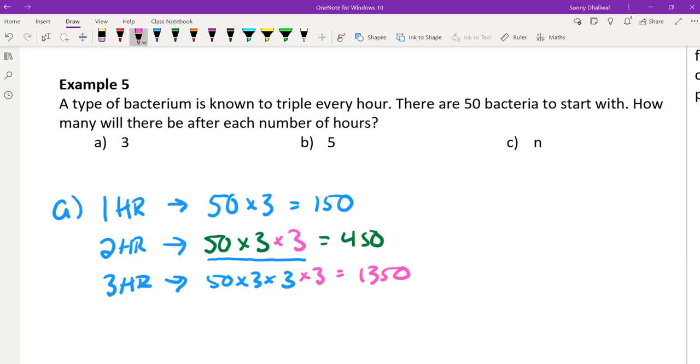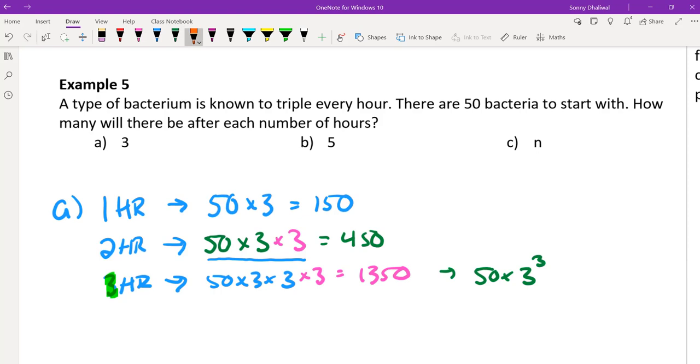You see a pattern developing? Is there a way you can do it in just one step? Yeah, you can. Look at this. It could be 50 times 3 to the power of 3, right?